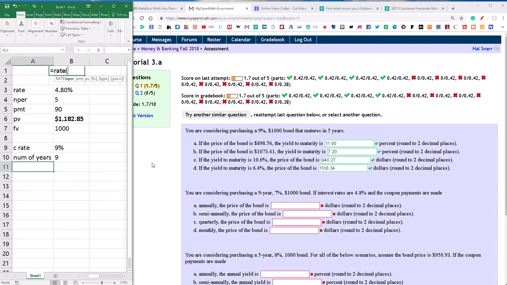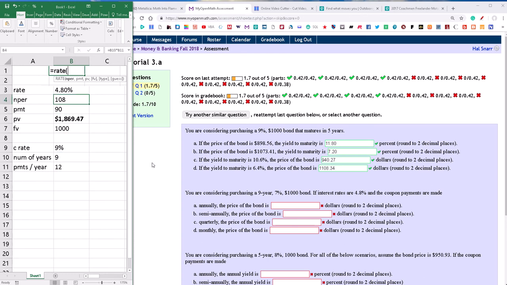And then payments per year. In the first scenario, we have 1 annual payment. We have 1 payment per year. Okay, so let's just start with the bottom. Suppose there's 12 monthly payments per year. The number of periods would be 9 years times 12 payments per year.